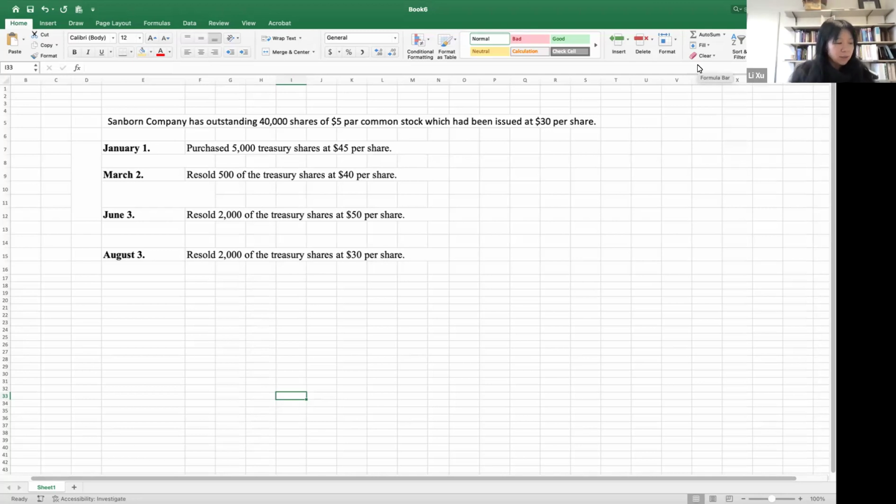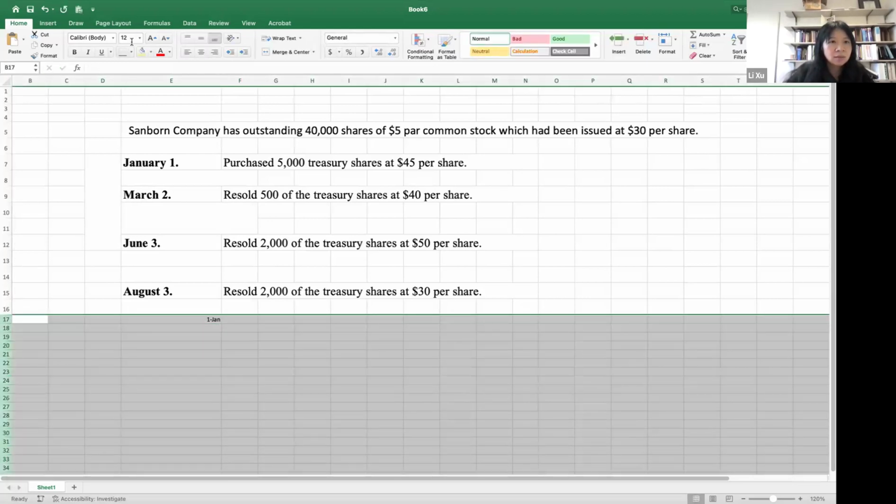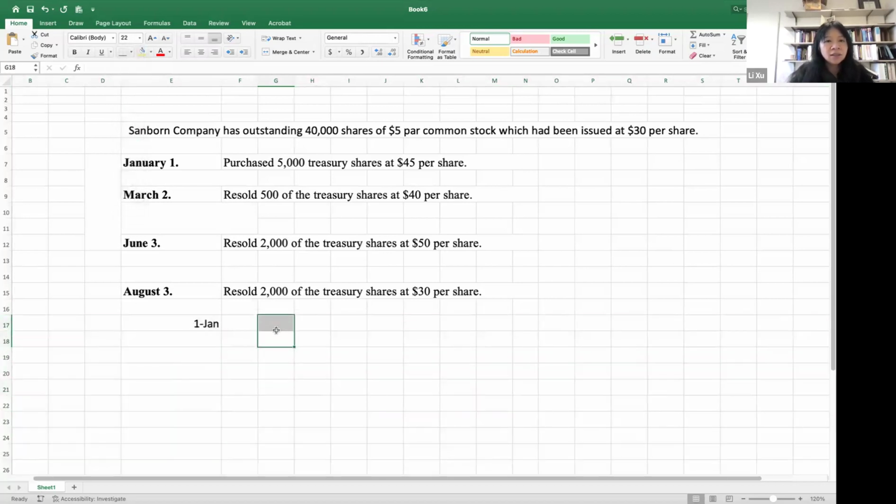All right, so let's take a look at this transaction. The company has outstanding 40,000 shares of $5 par value common stocks, which were issued at $30 per share. For our example, on January 1st, the company made the first purchase, buying it back. January 1st, the company purchased 5,000 treasury stocks at $45 per share.